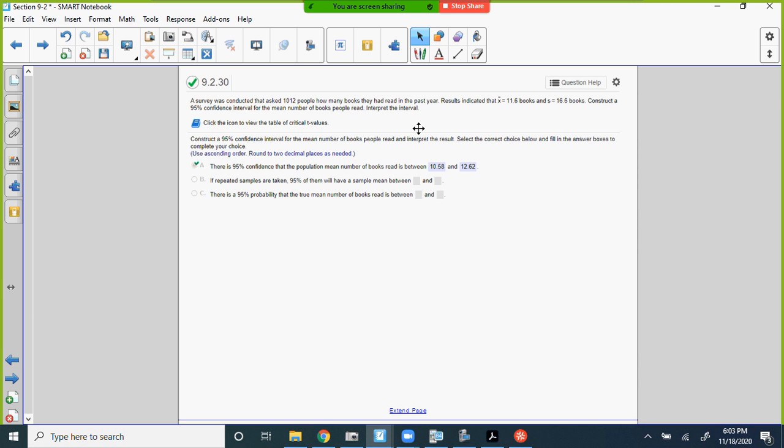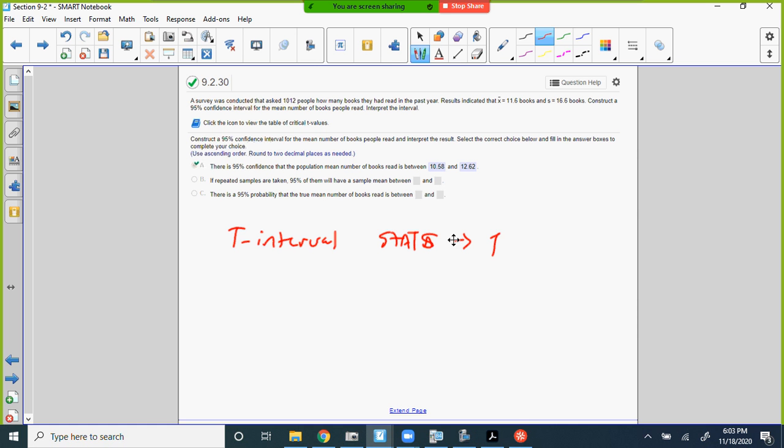We're going to do a T interval. That's Stats, over to Test, and then number 8. When you do that, the X bar is 11.6, the mean. Standard deviation of the sample is 16.6.